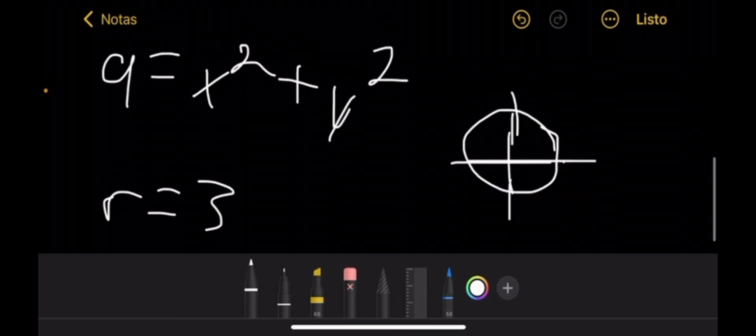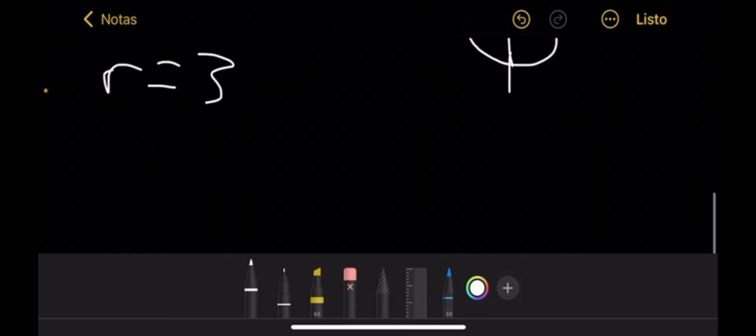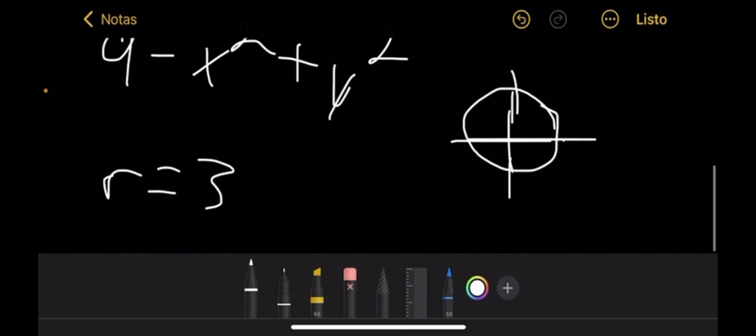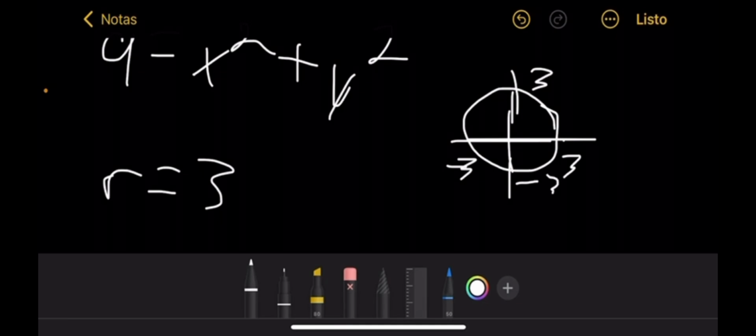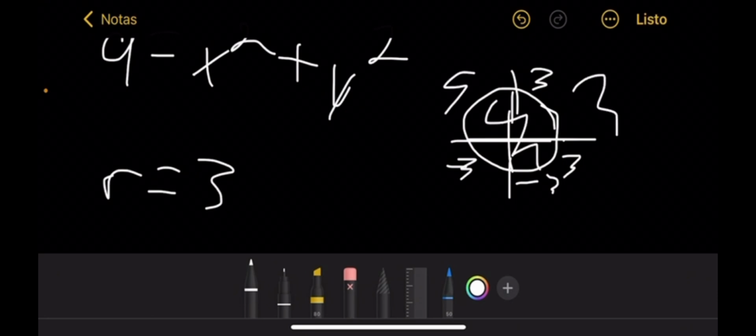We have a 3 and a minus 3 over here, a 3 over here, and a minus 3 over here. And the domain is all the region inside the circle, and not the region outside.